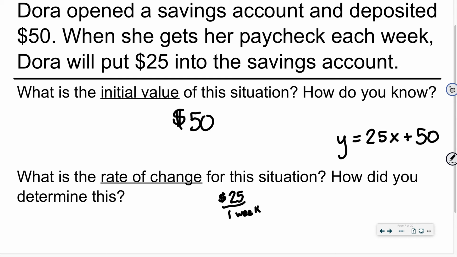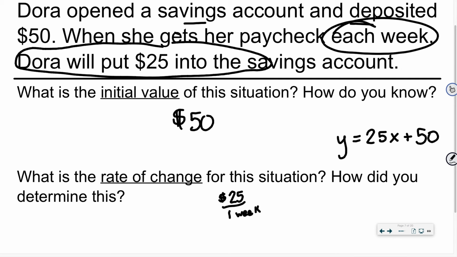It says paycheck each week. This is the key. Each week, Dora will put 25 into the account. Each week, meaning over time. In 1 week, it's 25. In the second week, she's going to have put in 50. In the third week, it'll be 75. But we can never forget about the amount she started with, which was the 50.